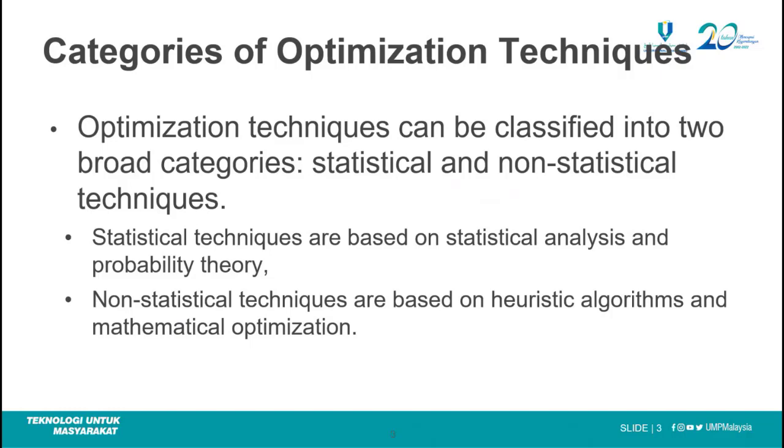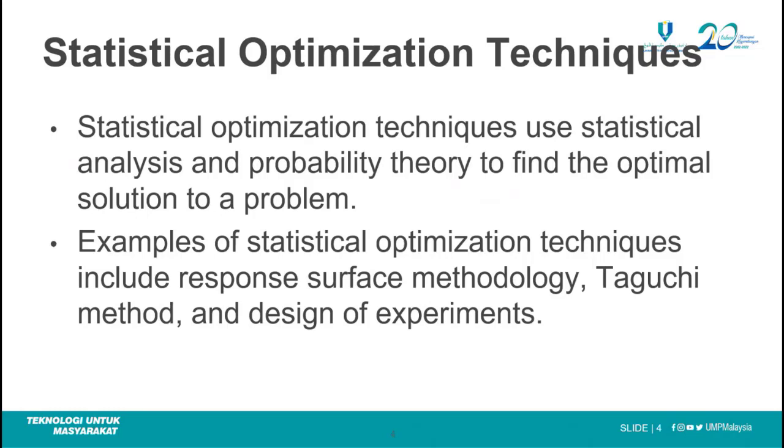One of the categories of optimization technique, we can classify using statistical and non-statistical techniques. The statistical techniques are based on statistical analysis and probability theory, such as what we have learned in design of experiment, especially in the Taguchi and the response surface methodology, and so on. Statistical optimization techniques use statistical analysis and probability theory to find the optimal solution for the problem.